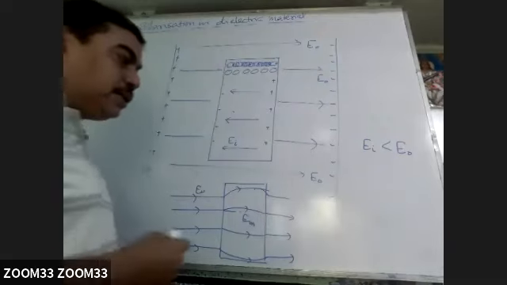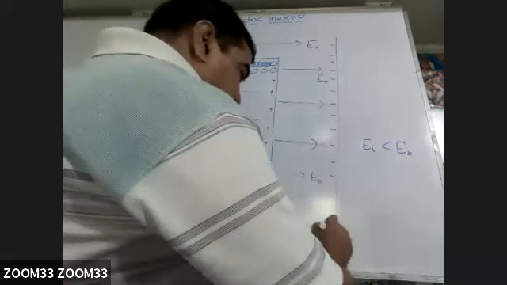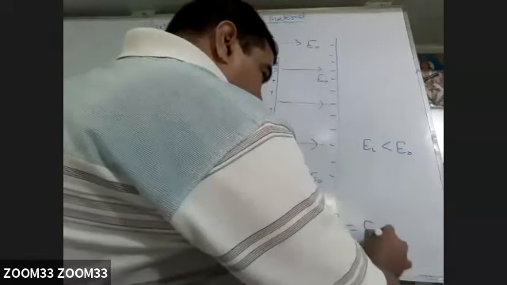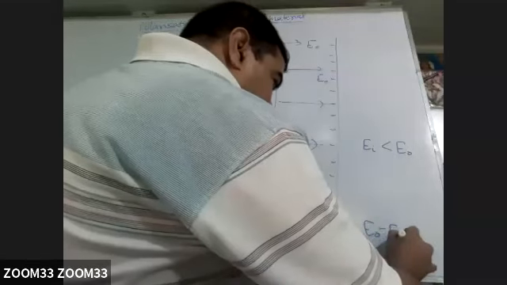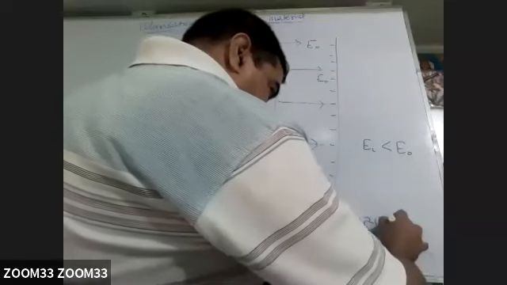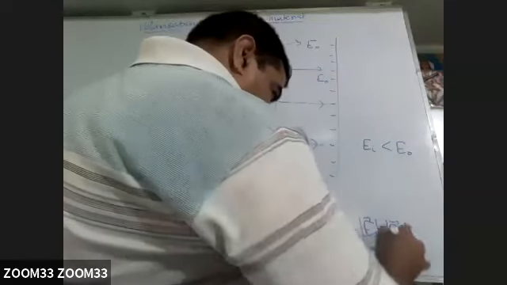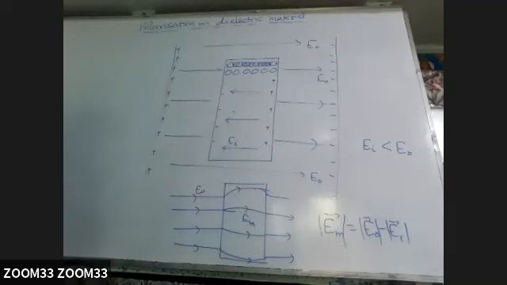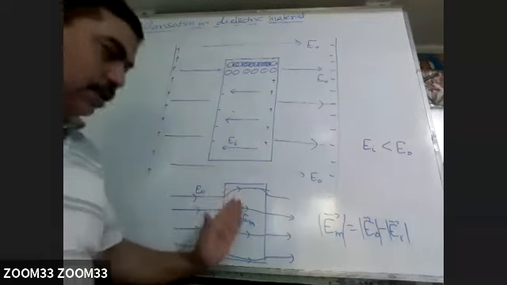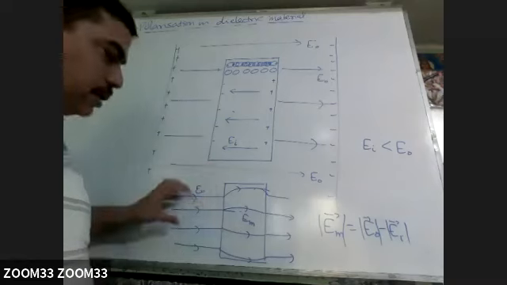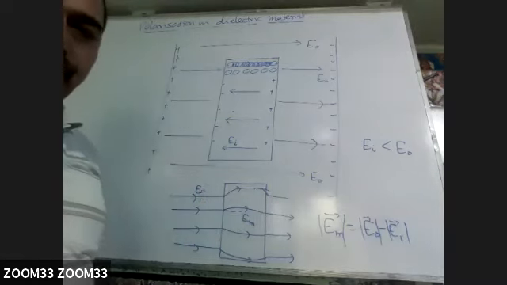So what will be this EM? This is E naught minus EI. So the net electric field inside the slab will be less than the external electric field.